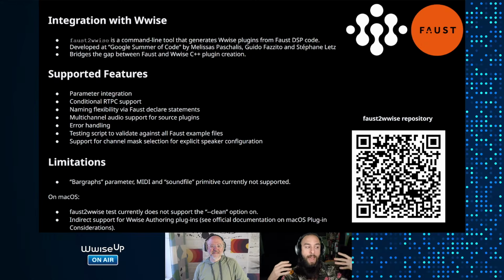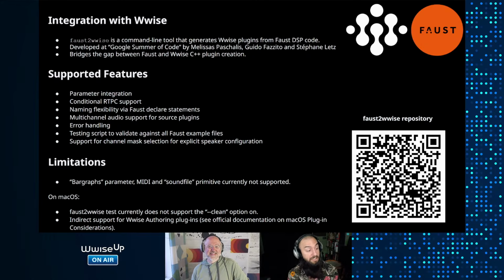The idea is to bridge the gap between Faust and Wwise C++ plugin creation, because for those who try to develop a plugin in Wwise, you know how hard it is because there's a lot of manual stuff involved. So we automated everything just for you to create the plugin in Faust and be happy and creative without needing to focus on the more technical and difficult aspects.